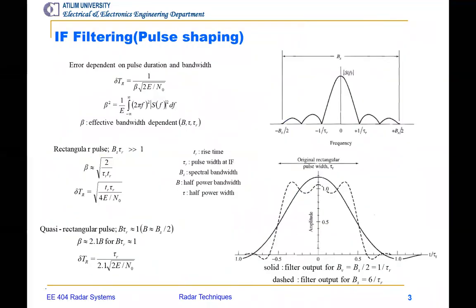Okay, now instead of using the previous equation, we define a parameter beta, which is the effective bandwidth.